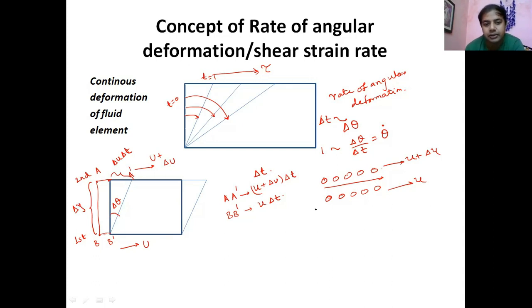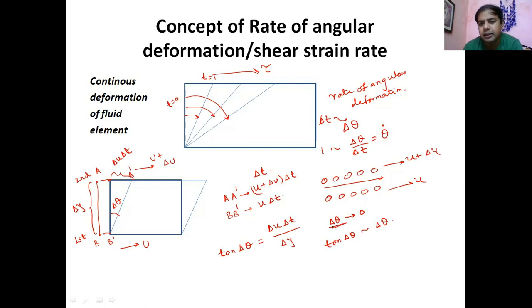So tan delta theta gives delta U delta t divided by delta y.